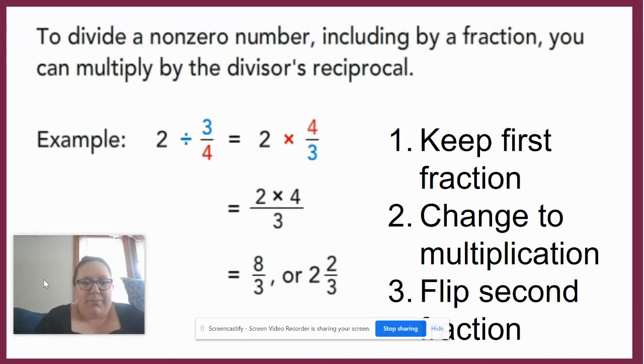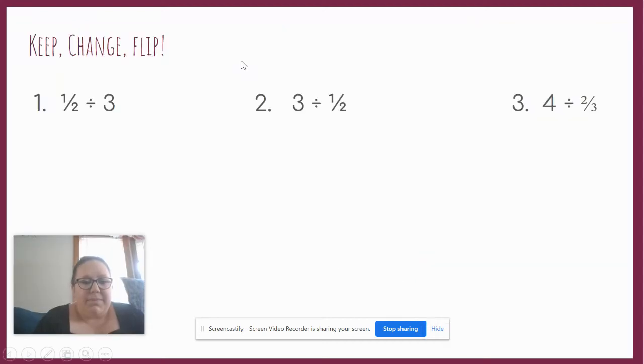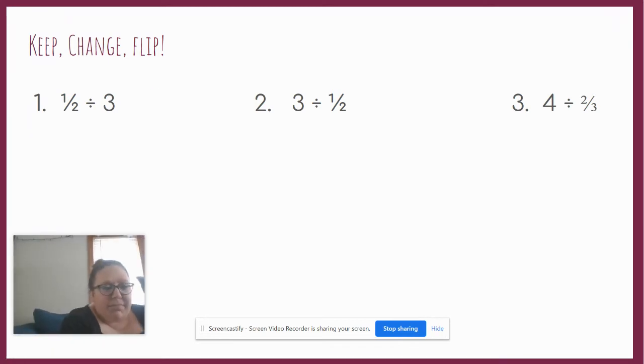Okay, so let's do some examples. Right now we're just going to do some very basic ones, just get our feet wet, and then we'll get into some story problems. So here we have 1/2 divided by 3. I'm going to write out my 3 steps here.